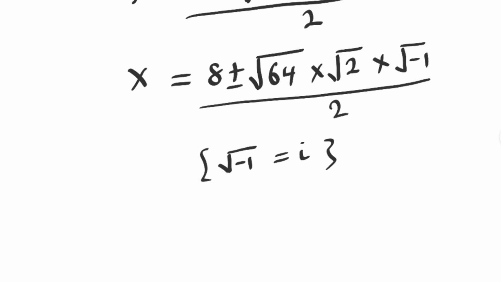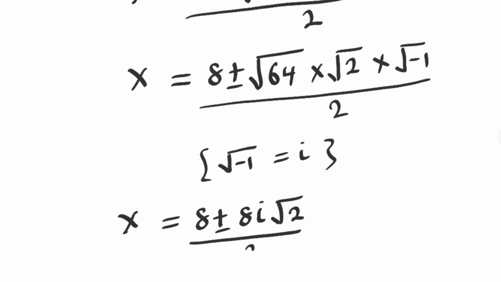x is equal to 8 plus or minus square root of 64, that is 8. Square root of minus 1 is i, root 2.